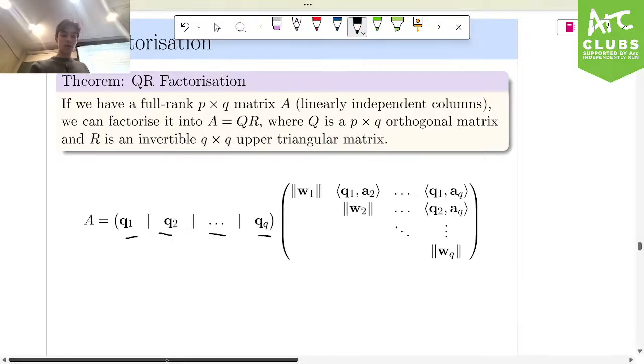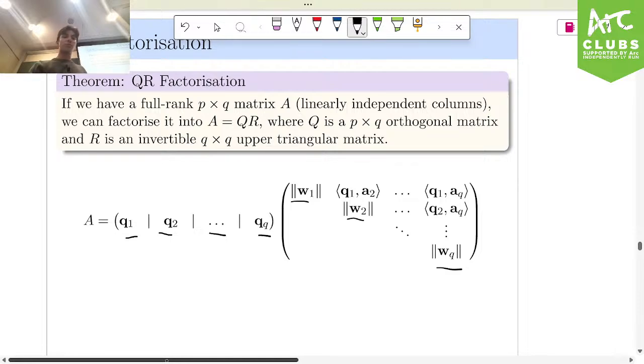We've got these columns, Q, which we're regarding as vectors, and the entries along the diagonal of the upper triangular matrix are the magnitudes of W's, which you recognize as the values that are generated in the Gram-Schmidt process, right?